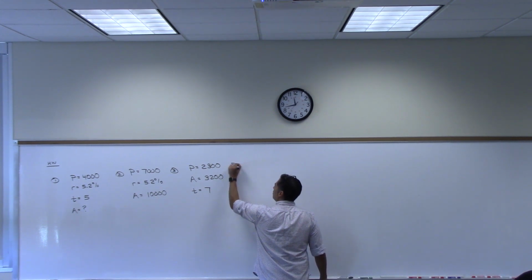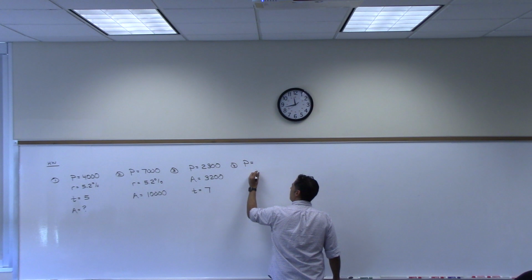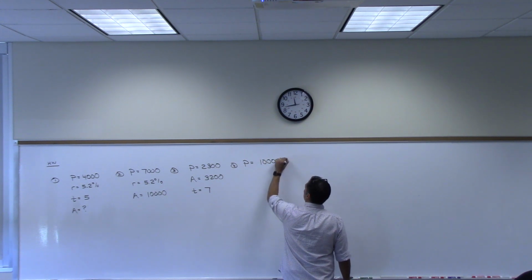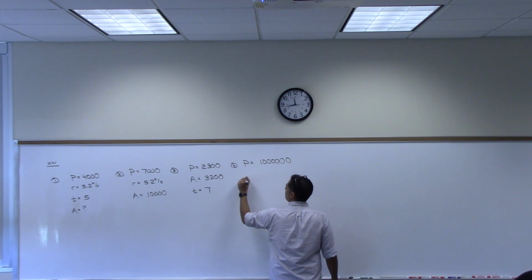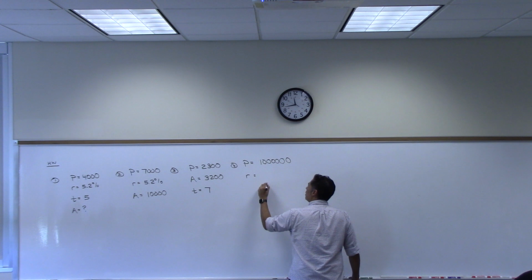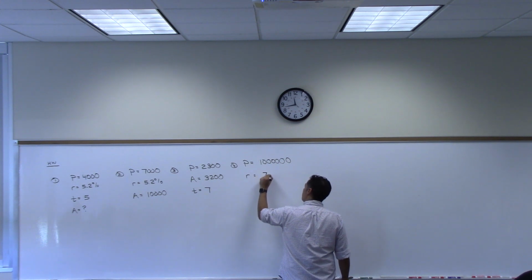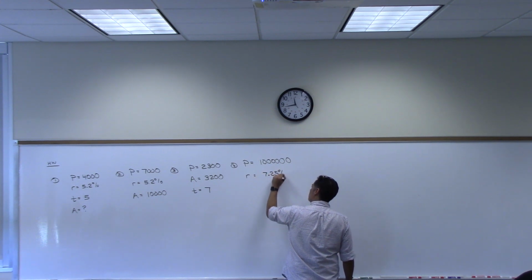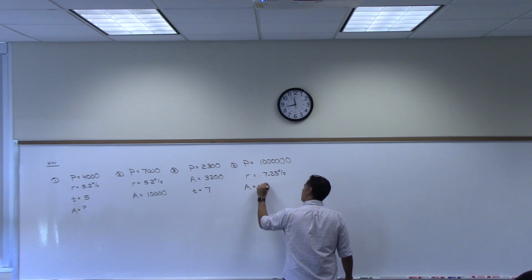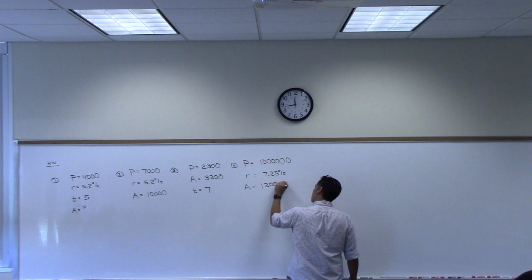Fourth one, you're going to start with $1 million. Interest rate is 7.25%. And the amount at the end is that.